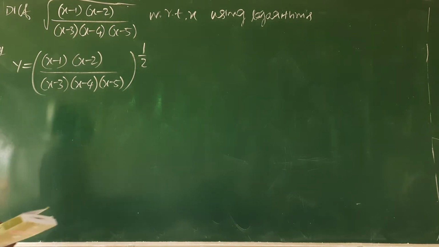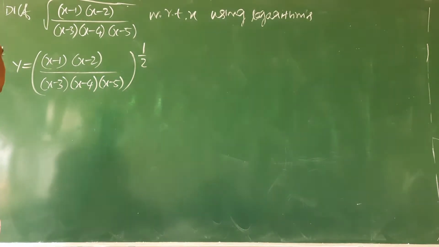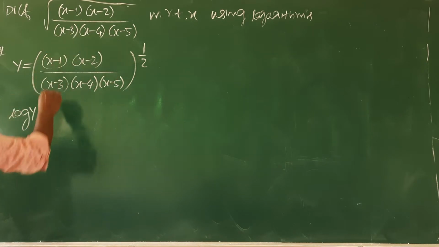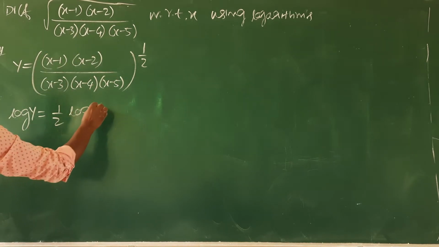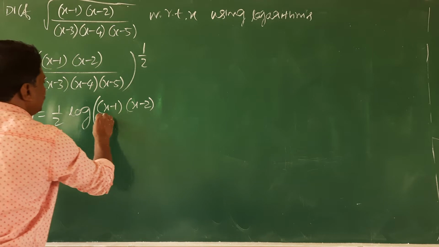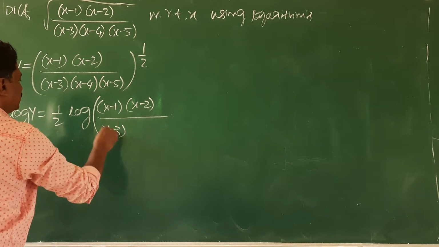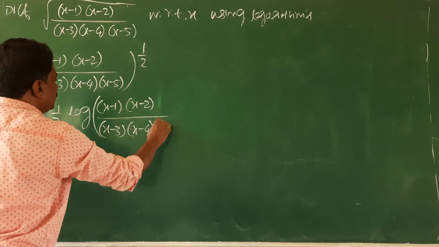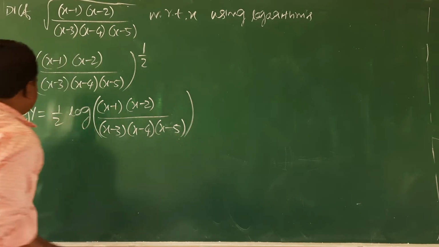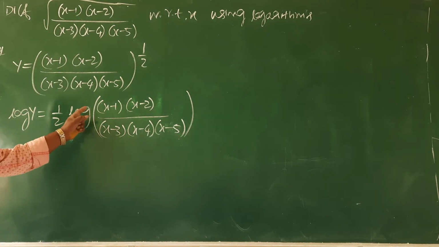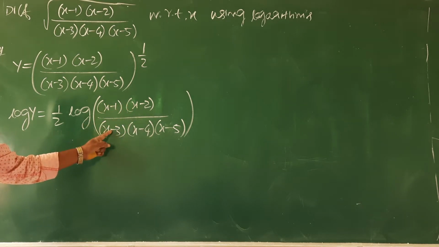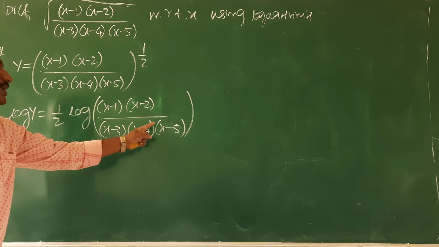Taking log on both sides, log y is equal to the power times log of (x minus 1)(x minus 2) by (x minus 3)(x minus 4)(x minus 5). You look at this, students: log of a into b divided by c into d into e.